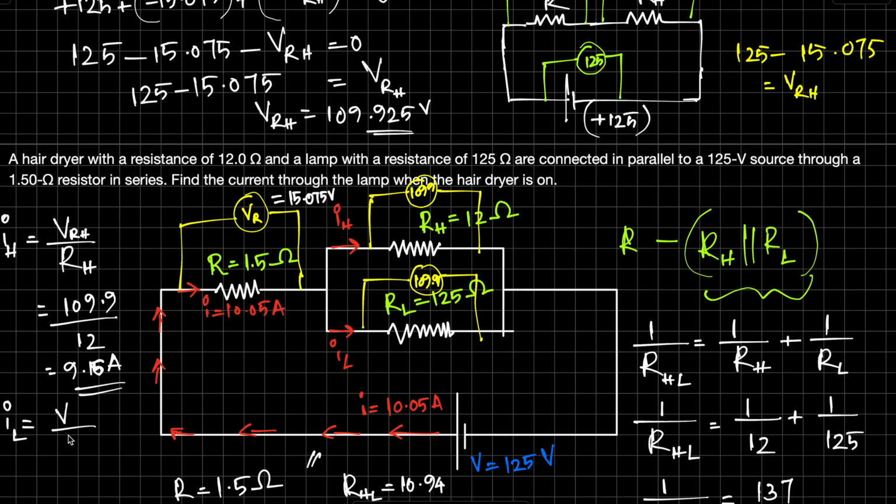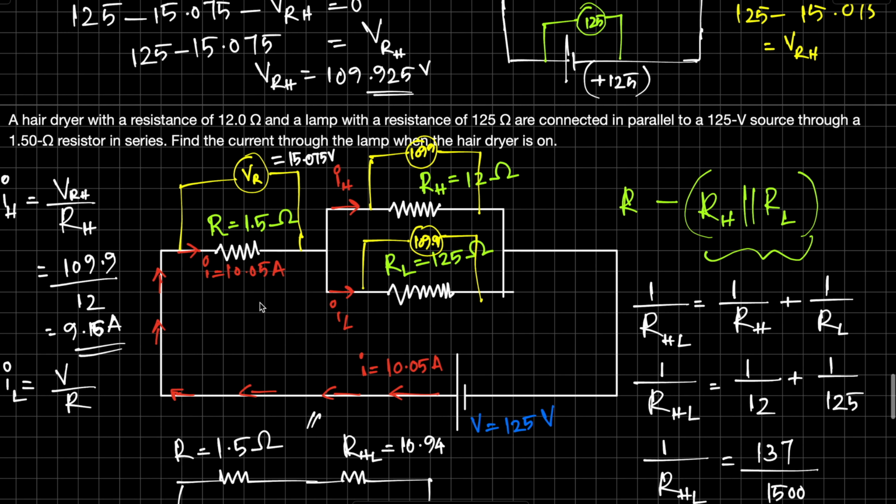Now, how do you find the current flowing through resistor RL, IL? The equation is V by R, Ohm's law. V is the voltage drop across the second resistor, RL, over RL. The voltage is 109.9, the same voltage, over 125 ohms, that gives 0.88 amps.